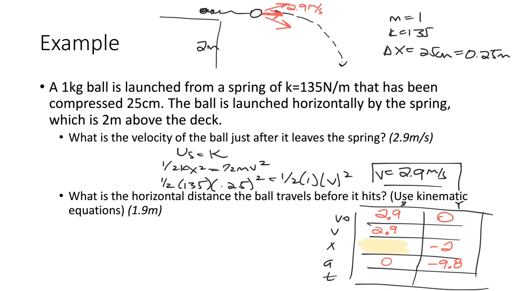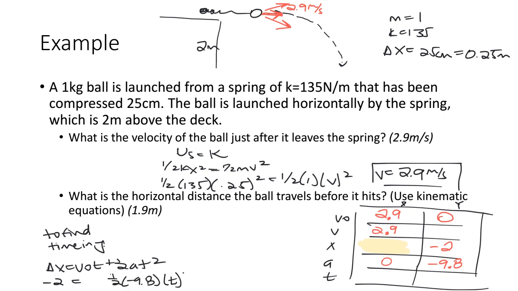You might remember that we can't calculate that without finding the time. So I'm going to find the time in the y direction first. So I'll fill in that it's falling -2 = 1/2 (-9.8) t squared. And I find the time to be 0.64.